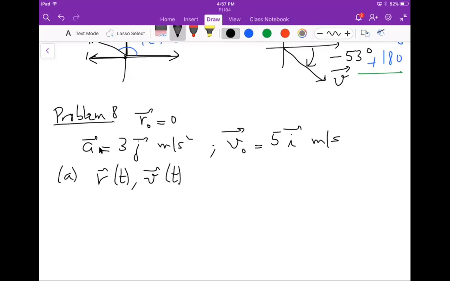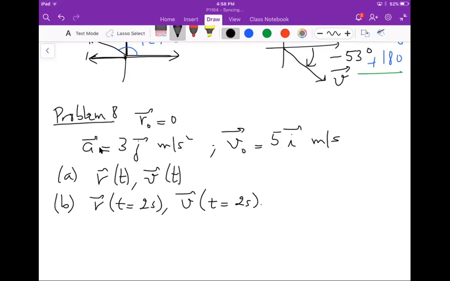So a is along the y-axis and v is along the x-axis. It means that this object is moving in 2 dimensions. In the second part, you have to find the coordinates and the speed of the particle at time t equals 2 seconds. So what is r at t equals 2 seconds, and what is the velocity v at t equals 2 seconds? Okay, let's go on.